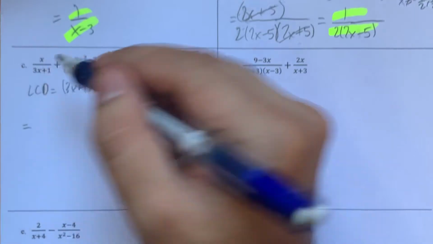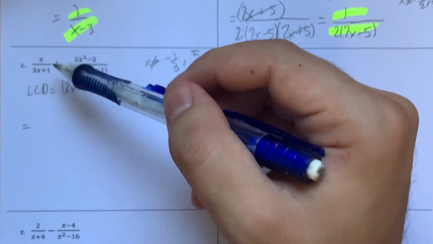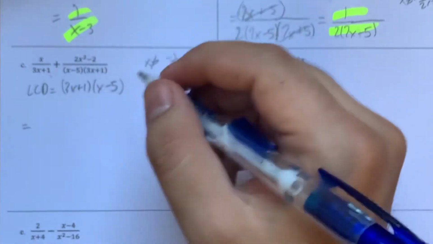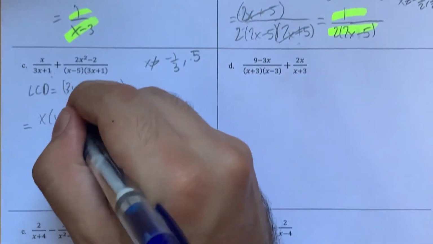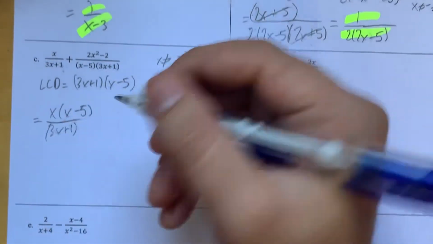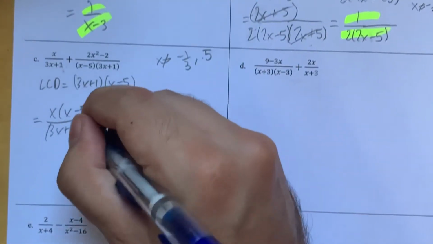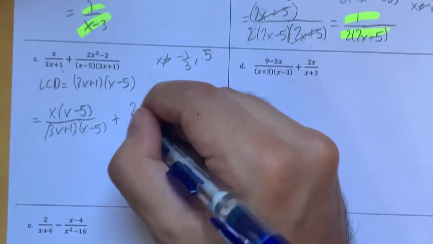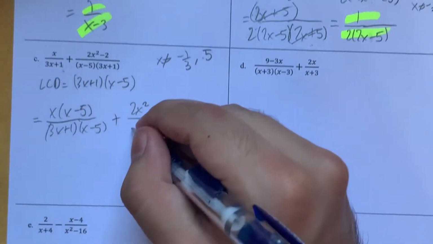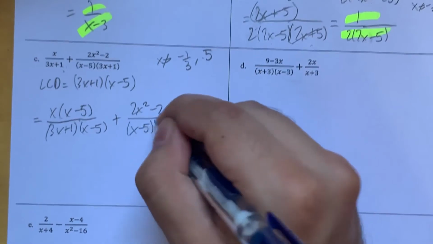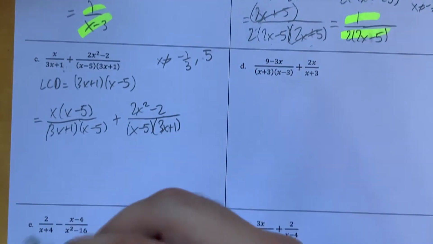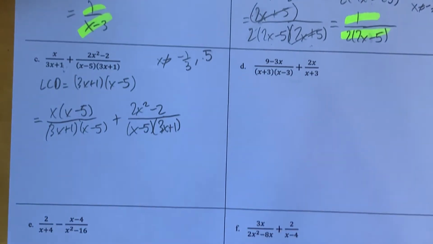We're gonna have to, the only denominator we have to change is 3x plus 1. So we're gonna have to multiply the top and bottom by x minus 5. So it'd be x times x minus 5 divided by 3x plus 1 times x minus 5 plus 2x squared minus 2 divided by x minus 5 times 3x plus 1. And it doesn't matter which order you put it in, it's still the same.